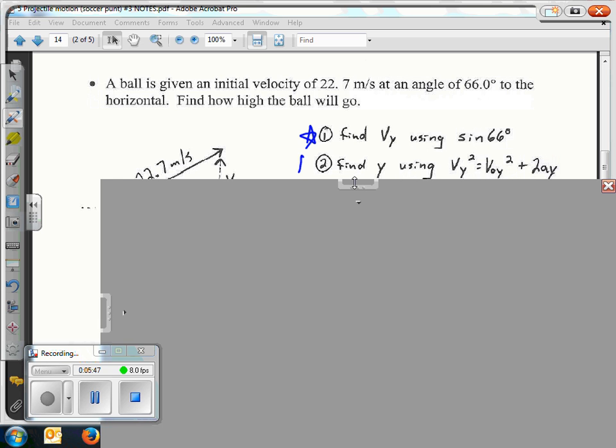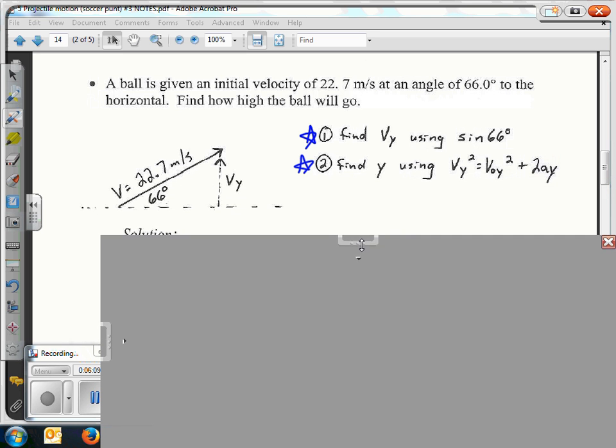Second piece is find y, which would be the height in this case, using v squared equals v sub naught squared plus 2ay or 2ax. Okay? You could do it differently than this. Like, in my head, I figured out how much time it would slow it down, and then took the average velocity.